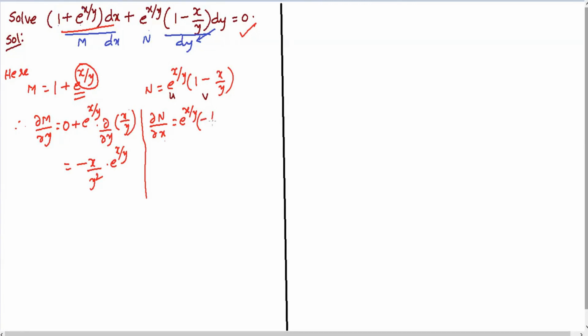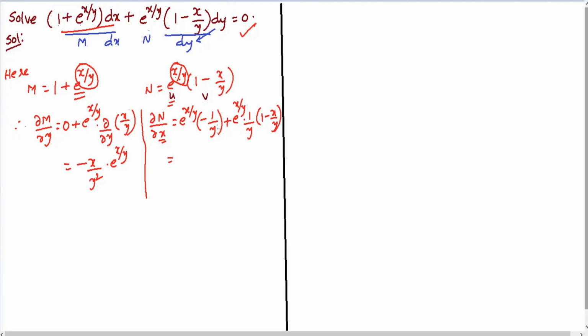So you will get −1/y here. Plus now we have to write the derivative for u, which is e^(x/y). We know that the differentiation of the exponential function is itself and the differentiation of the power x/y with respect to x is just 1/y, whole into the v term, 1 − x/y.